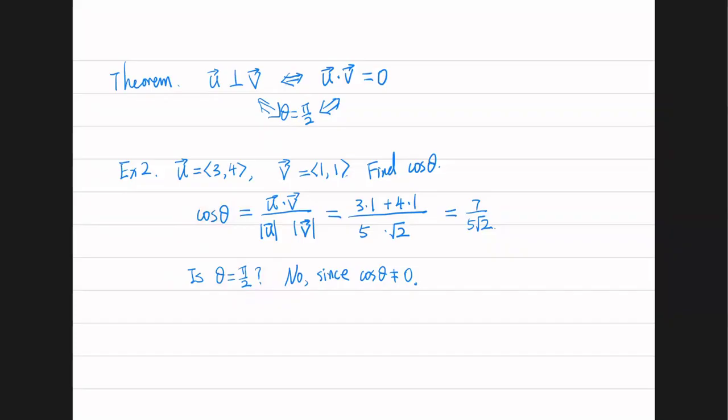Teacher, I'm raising my hand. Okay, George. If it's bigger than 90 degrees and smaller than 180 degrees, cosine is going to be negative, and cosine is between -1 and 1, so it has to be 0 to 90 degrees, so we can say that theta is smaller than 90 degrees but bigger than 0 degrees. Okay, so for cosine to be positive, theta has to be an acute angle.